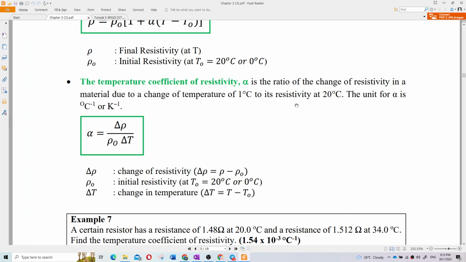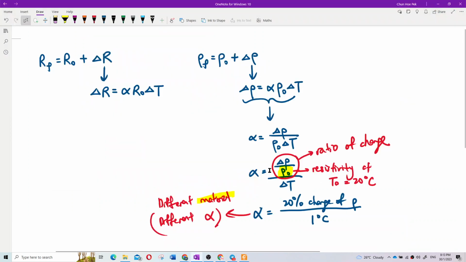All right. So the thing I want you to focus on here is also the unit. The unit for resistivity is what? From this formula, I copy the formula again over here. So what's the unit for alpha?